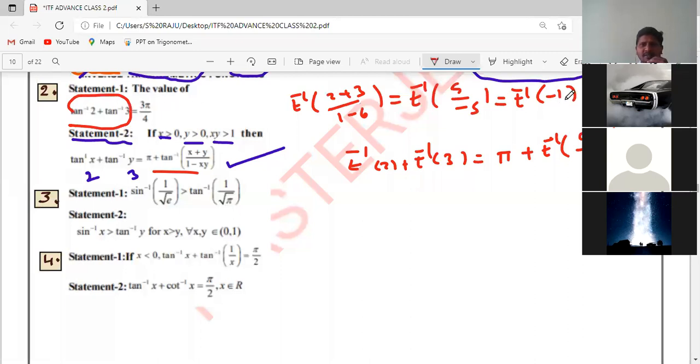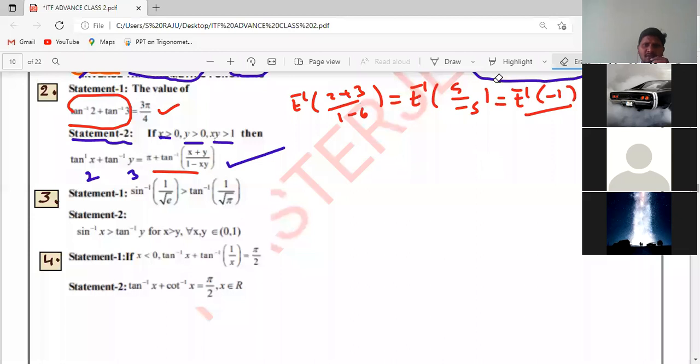So is tan inverse of minus 1 equal to 3 pi by 4 or not? Students, what is tan inverse of minus 1? The statement is true. I apply the tan inverse x plus tan inverse y formula.